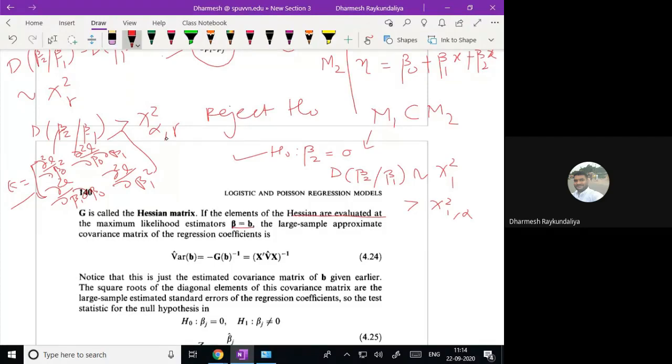For a large sample, the approximate covariance matrix of the regression coefficients, we have already obtained: the variance of beta cap is X dash W cap X inverse, using W instead of V. This is nothing but the inverse of the Hessian multiplied by the minus sign at the estimate of beta, which we call the variance of b.